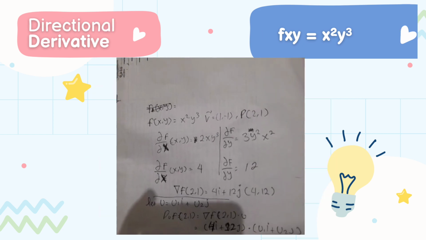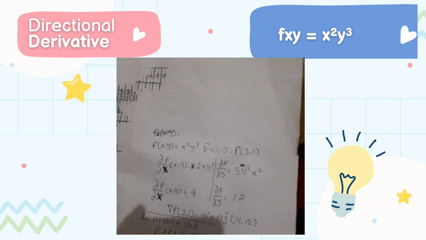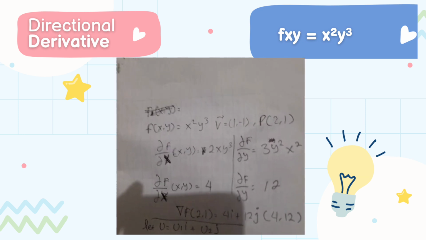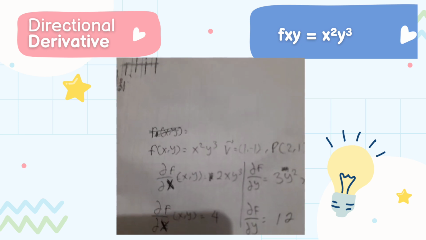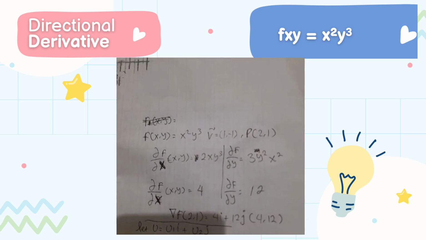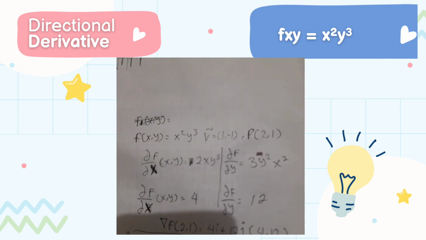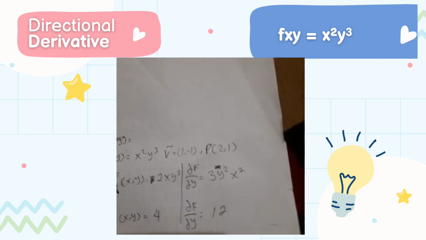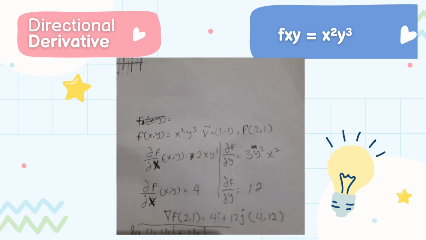So for the example of the directional derivative, we have a function f(x,y) equal to x power 2 and y power 3, with the direction 1 as x and minus 1 as y, at the point (2,1).